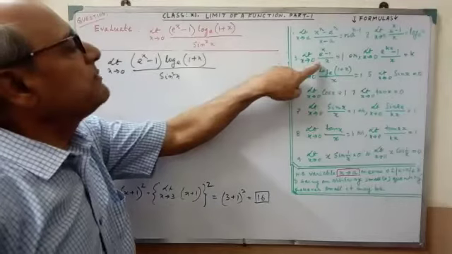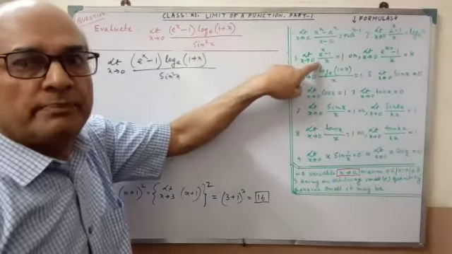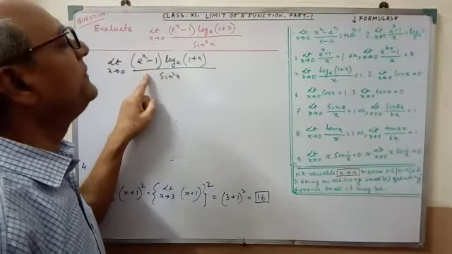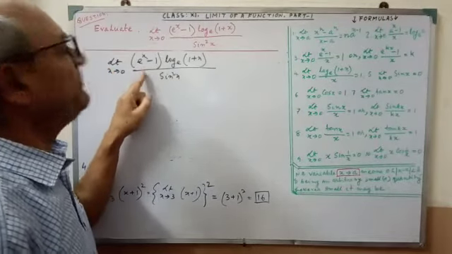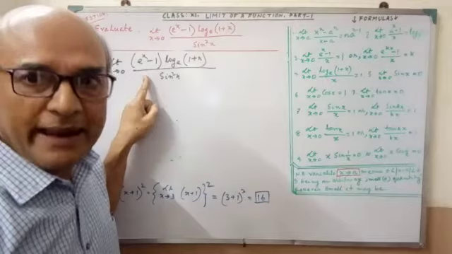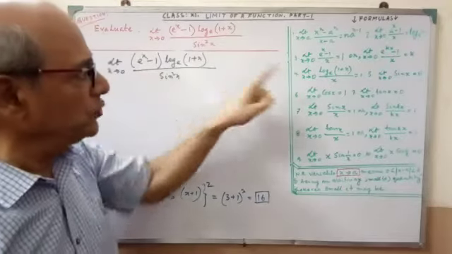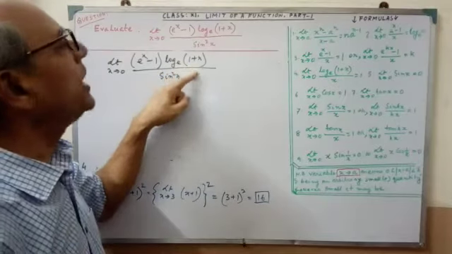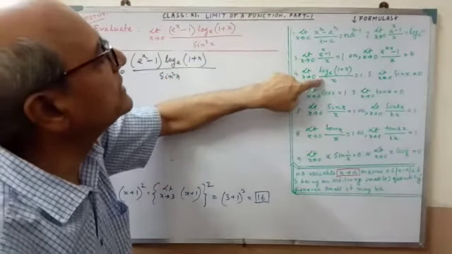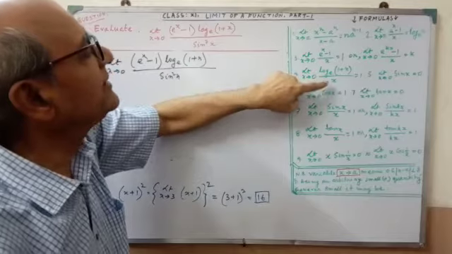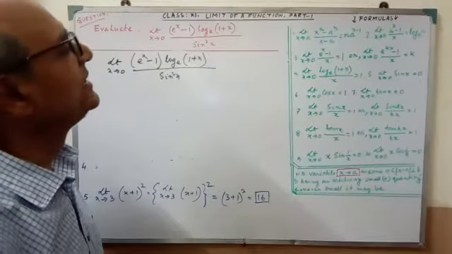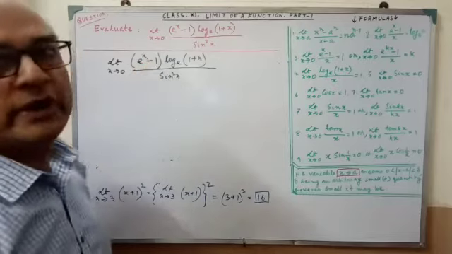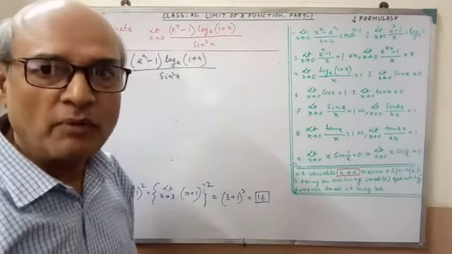We have got e to the power x minus 1 here, but it is not divided by x. If I bring x in the denominator, then we will get the frame of the formula. And here log e 1 plus x, there is the formula, but here also there is no x. So anyway, if we bring the x in these two expressions, then we will get the form of the formula.